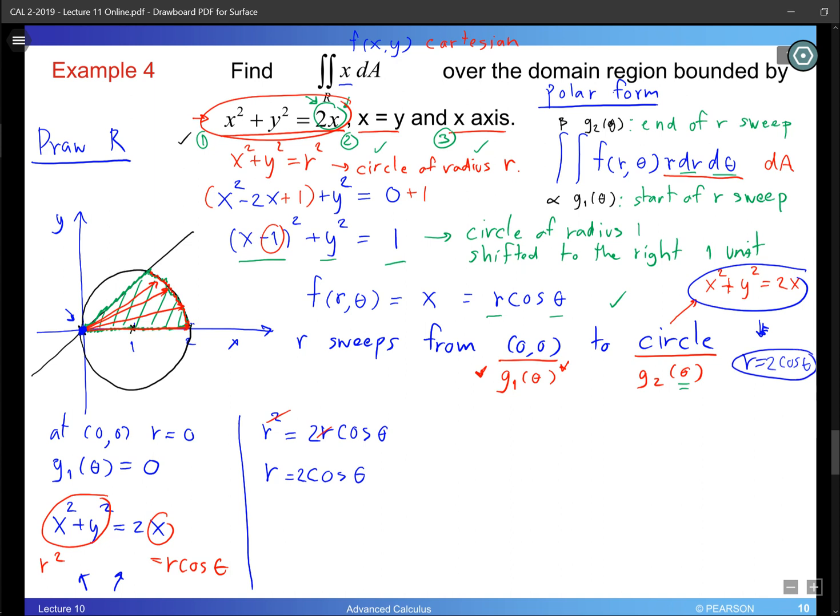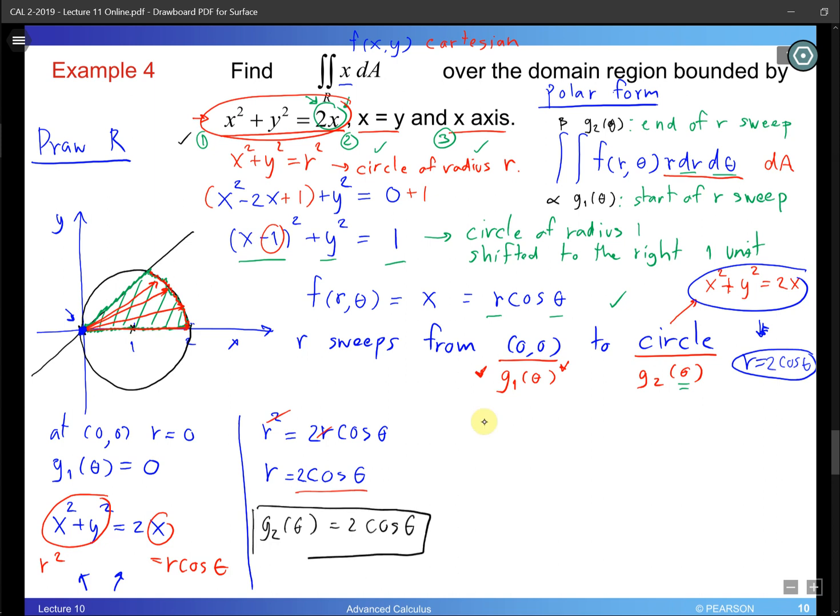Same equation, same curve, except that it is in a different form. One is in Cartesian and the other is in the polar form. So g2 theta in terms of r is going to be equal to this. Alright, so in terms of radius, g2 theta equals 2 cosine theta.